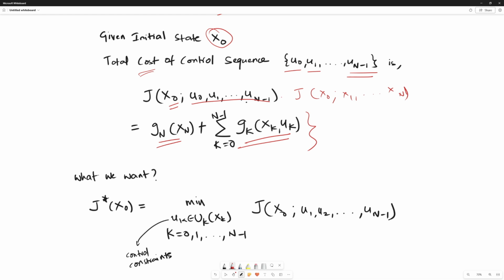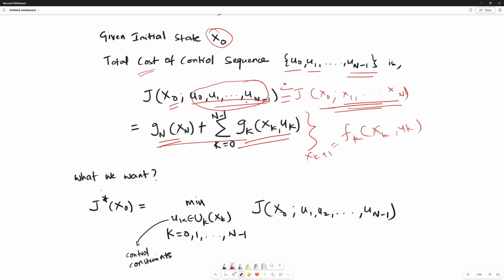But these are equivalent, right? Because given a control sequence of u0 to un minus 1, I can always deterministically determine x1 to xn, correct? Because of the deterministic nature of the control equation, xk plus 1 is equal to f of k, xk, uk, correct? So this is equal to this. So this is the total cost of the control sequence, u0 to un minus 1.